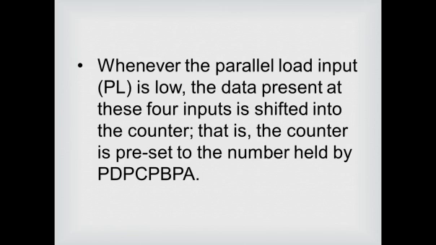As soon as the parallel load entry goes low, this data is loaded into the counter, and your QD will be 1, QC will be 0, QB will be 0 and QA will be 1. That means the counter is set to state number 9, 1001, and it is ready to advance from that state in either direction, count up mode or count down mode, depending upon where you are connecting your system clock.